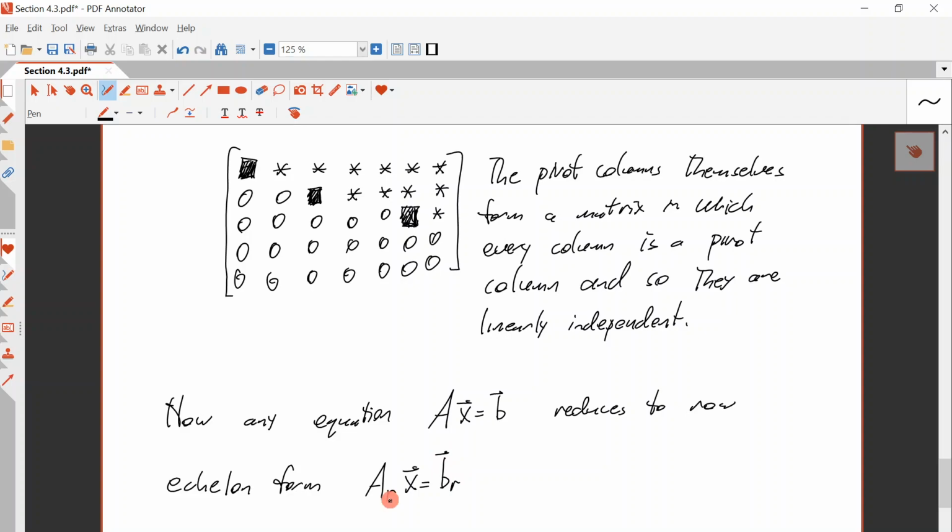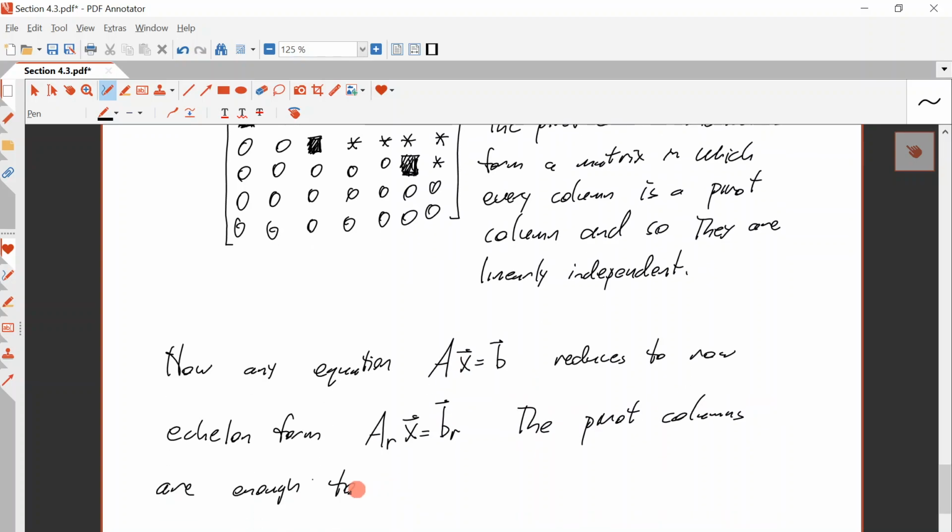Okay, and the pivot columns are enough, and that's the same x. It's the same x.